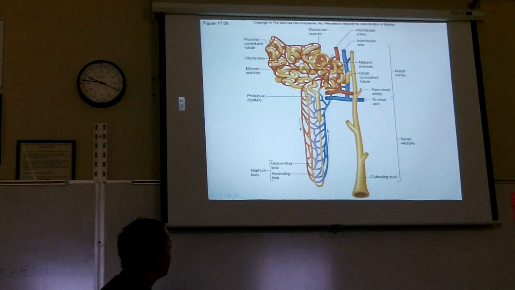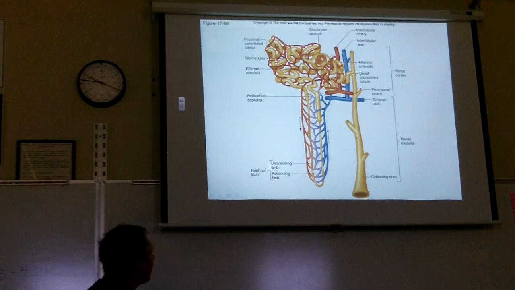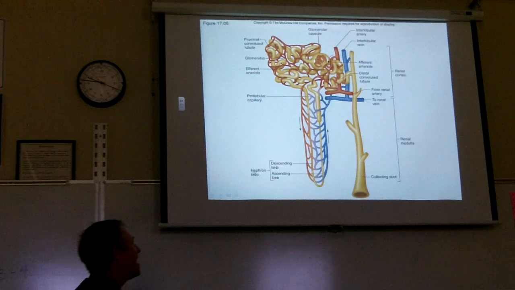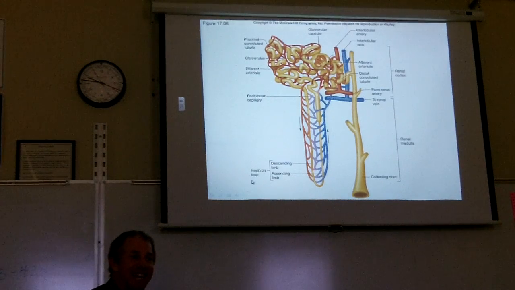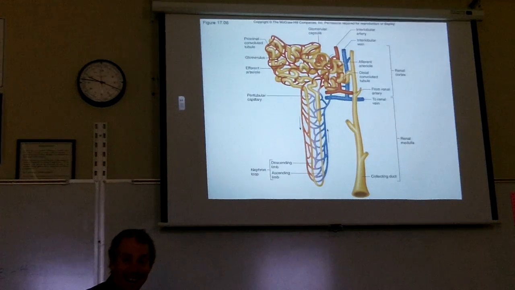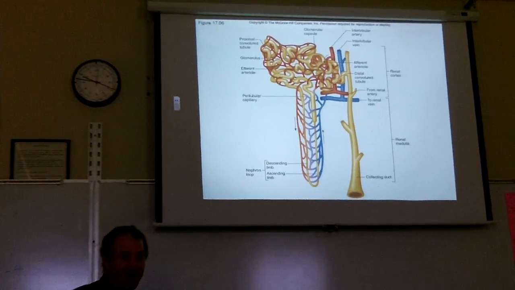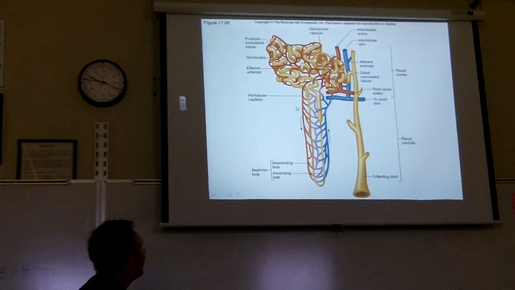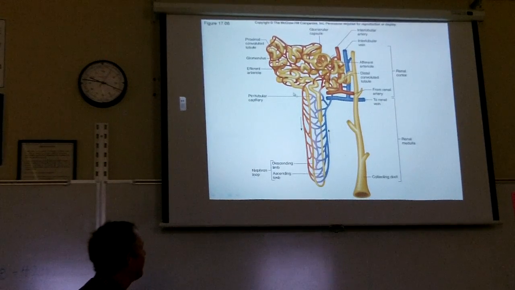This big loop down here, they call it the nephron loop. You know what it was called when I was a kid? Henle's loop. Henle, you and Bowman, both of y'all, they've ripped you off.